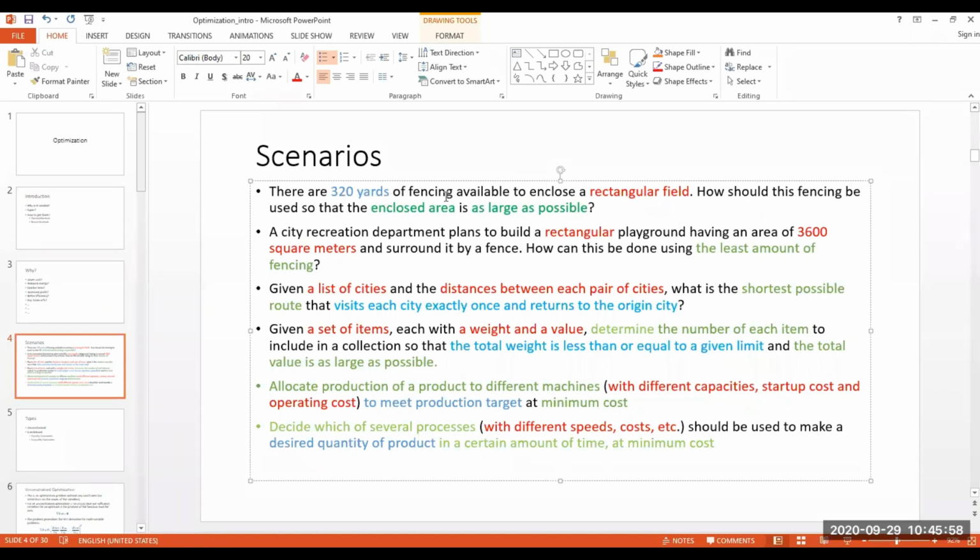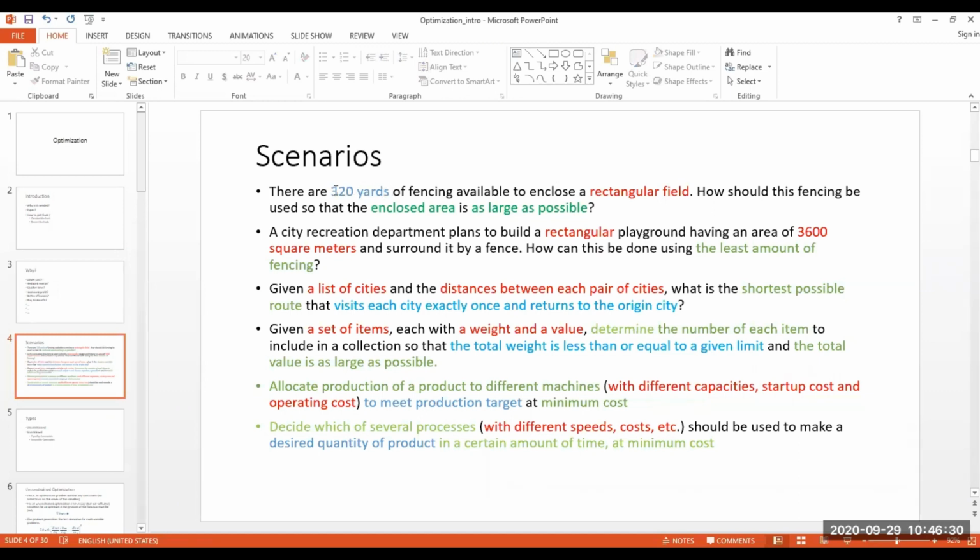Here it is explicitly mentioned, but sometimes it might not be the case, and you have to extract the information from the problem statement. How should this fencing be used so that the enclosed area is as large as possible? So you're looking for area maximization.